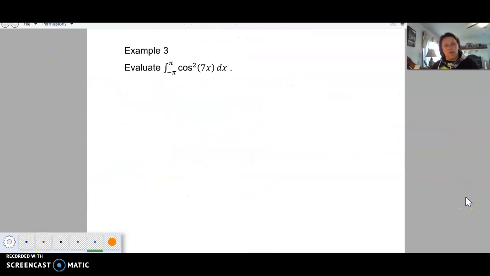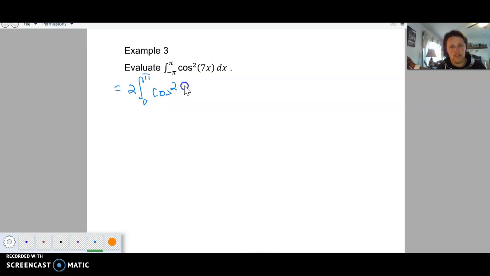Okay, example number 3, now we have a cosine integral from negative pi to pi of cosine squared of 7x. One thing that we can do that I see right off here is we're going from negative pi to pi. So remember that property that says that we can do 2 times the integral from 0 to pi?